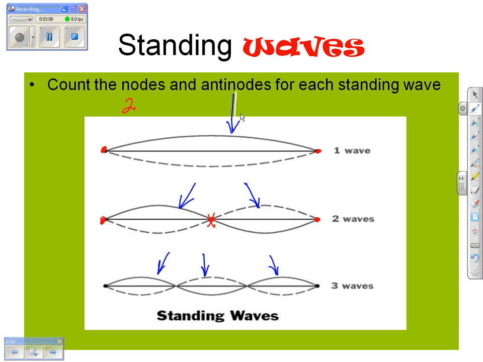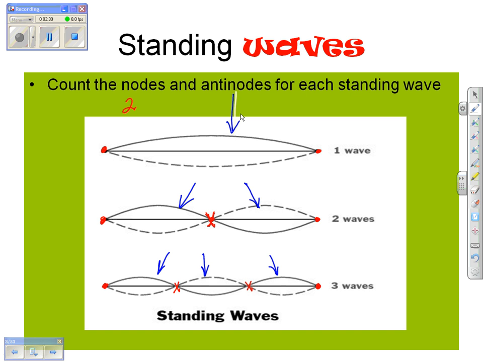But I did primarily say this is really the only node because that's where the destructive interference occurs. And on this third wave, we said there was 1 there and 1 there, so we could have said 2, or we could have said 4, depending on what they ask you in a question.